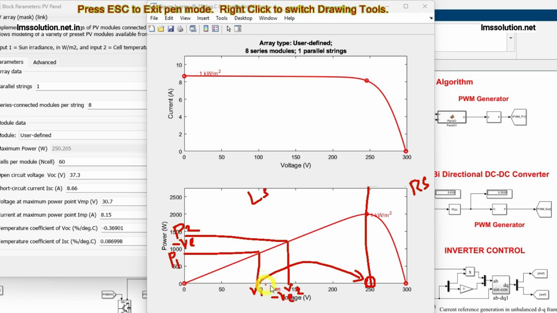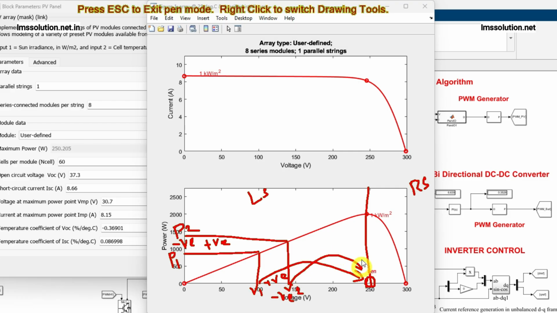Same here, I'm going to consider the opposite direction. So V2 is the current instant, V1 is the previous instant. Then we find the difference V2 minus V1, and that time it will be positive, and also P2 minus P1, so the difference will be positive. During this time also we need to move this point towards the peak point.